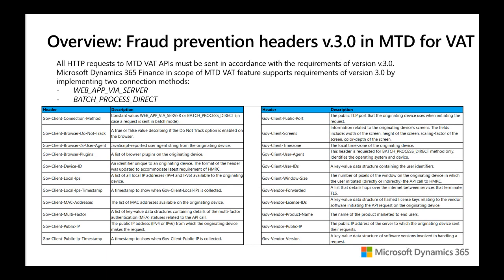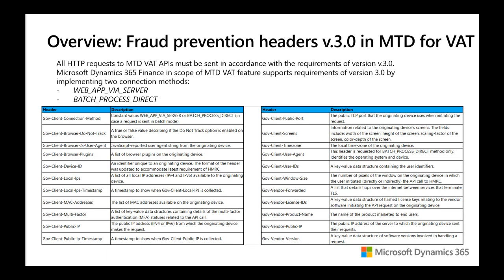As you can see from the list, the set of these specific types of user audit data is, in fact, 21 different parameters of either the user browser, like, for example, whether the Do Not Track option is enabled on the user browser or not, or a list of browser plugins, or user device parameters like time zone, window size, and screen size.